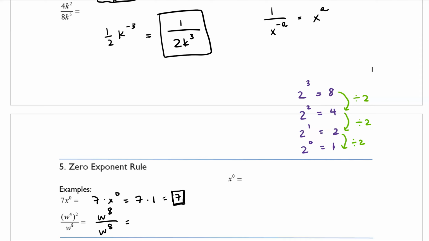There's a couple ways that you can think about this, but if I were to subtract the exponents, 8 minus 8 is 0, so I'd have w to the 0 power, which, we saw that when we raise something to the 0 power, it's going to give us 1. So x to the 0 power is equal to 1.